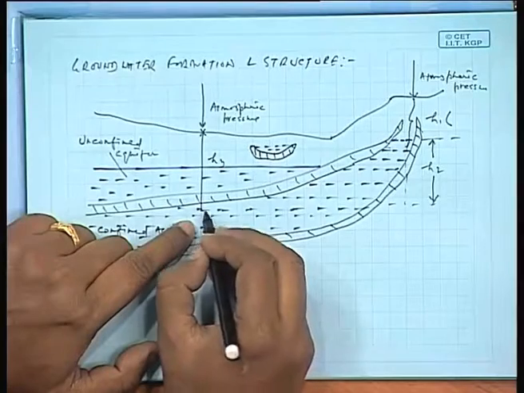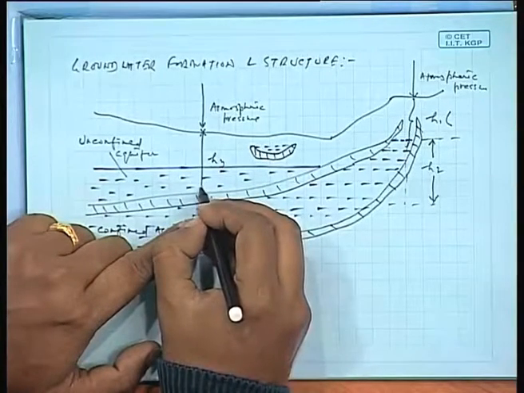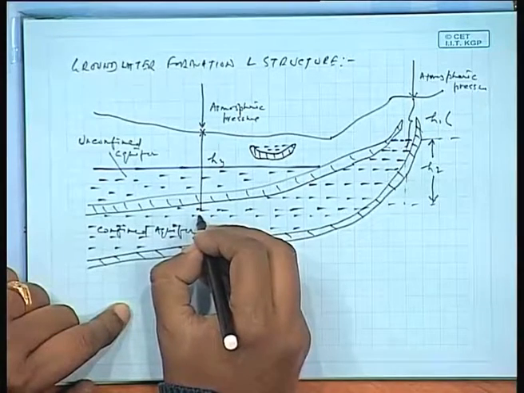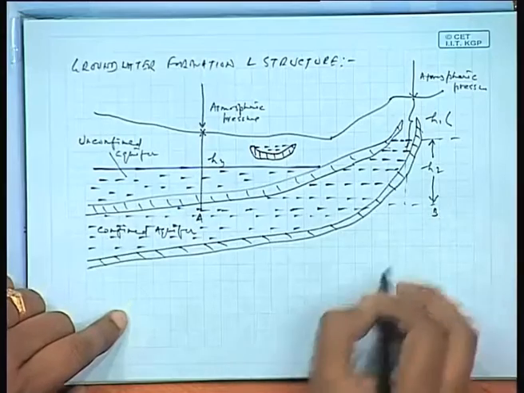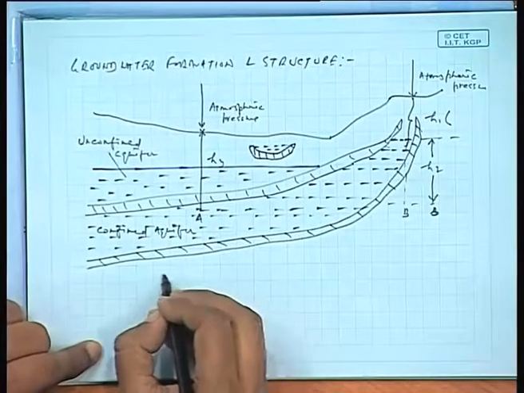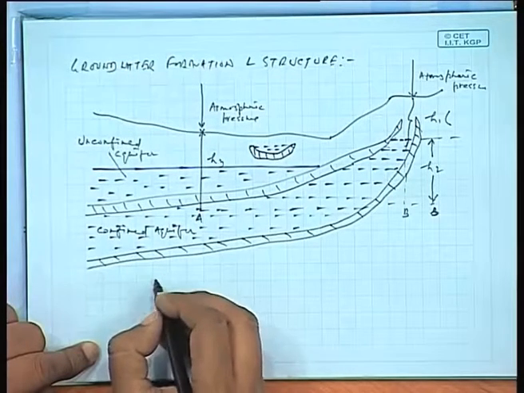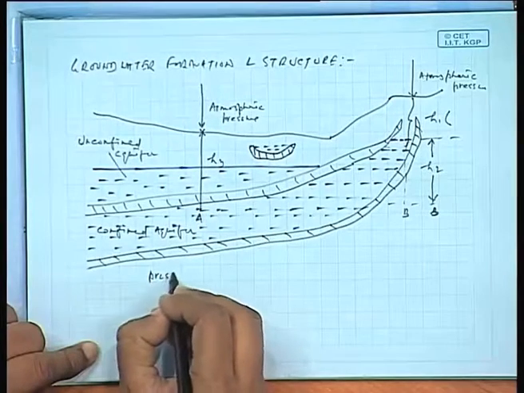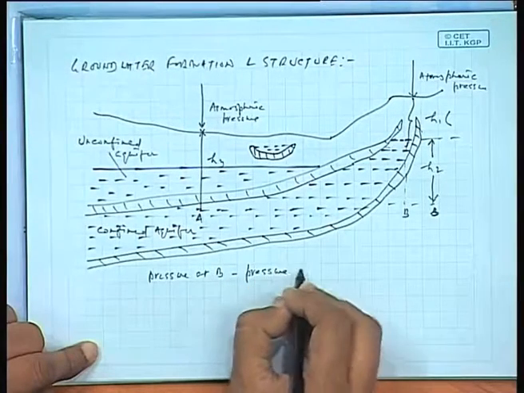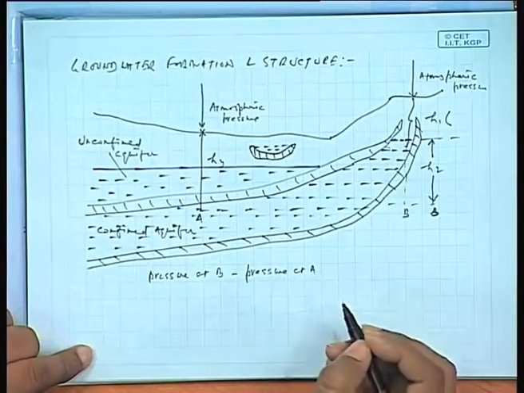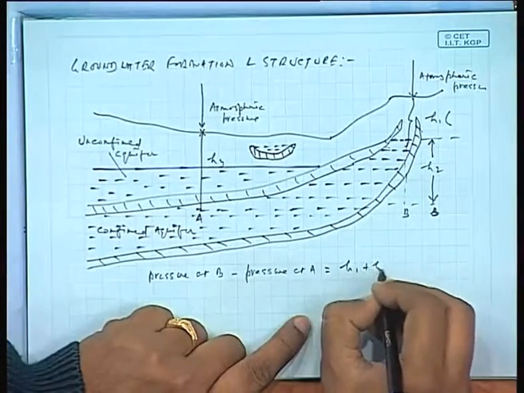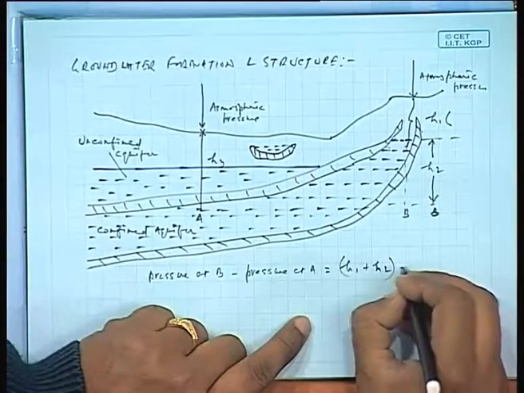Say point A and point B. If we compare the pressure here, there is the pressure at point B minus the pressure at point A. You observe that the difference is basically H1 plus H2 minus H3.